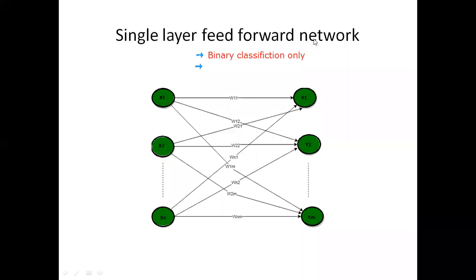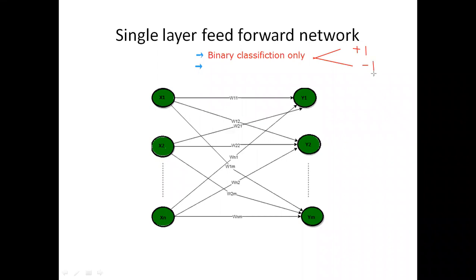The two kinds of outcomes: one outcome is represented using plus one, and the second outcome is represented using minus one.